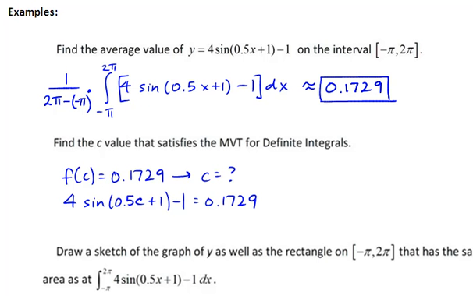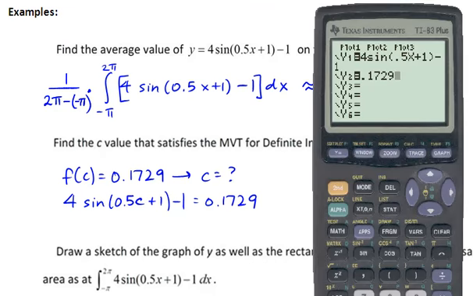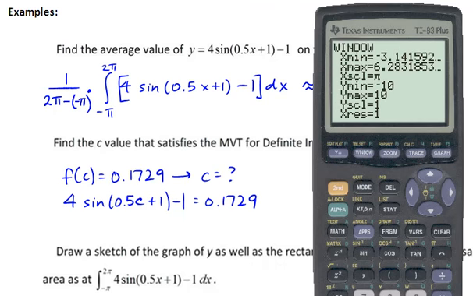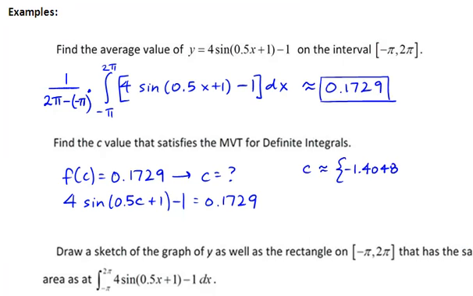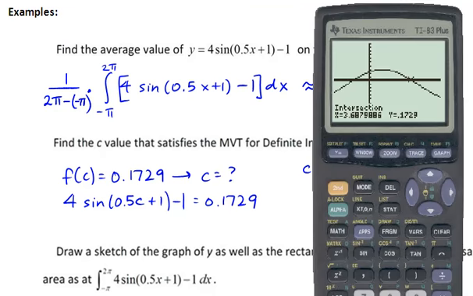I put both sides of my equation in for y1 and y2 respectively. I set my window up to only accommodate from negative pi to 2 pi. Using the calc intersect feature, I find that the first x value, or c in this case, is about negative 1.4048. And I find that the other c value is 3.6879, so about 3.6880.